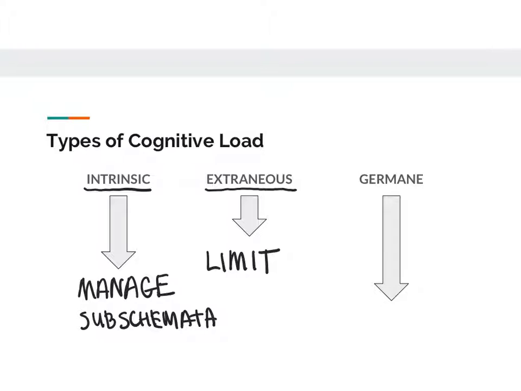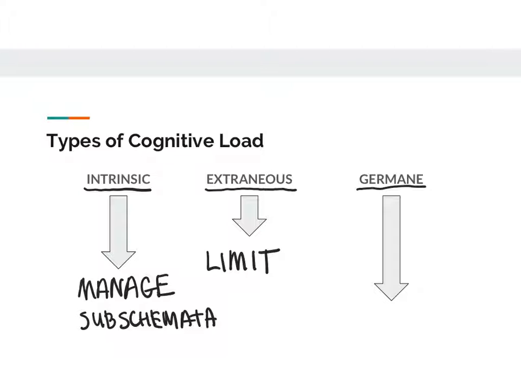The last kind of load is germane. The germane load is the relevant learning and relevant processing that a learner is going to do in order to form the schemata and the mental model so that they can really understand the subject that we are trying to get them to learn.